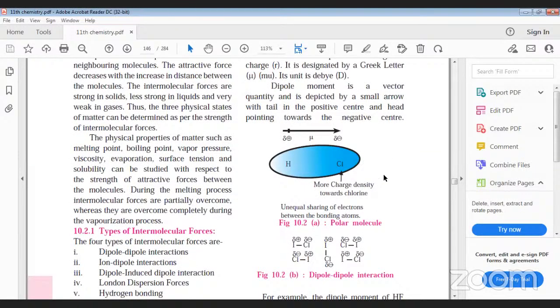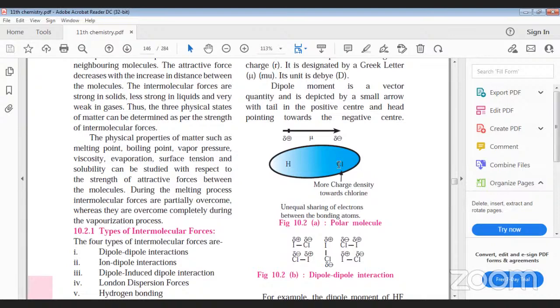If I place one more molecule of HCl beside this HCl molecule, tell me which atom among hydrogen and chlorine will come in the vicinity of this chlorine atom? This chlorine has a negative charge. So what do you think? Which atom of the other HCl molecule will come in the vicinity of the first HCl molecule?